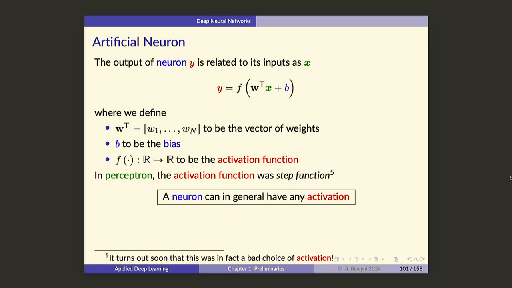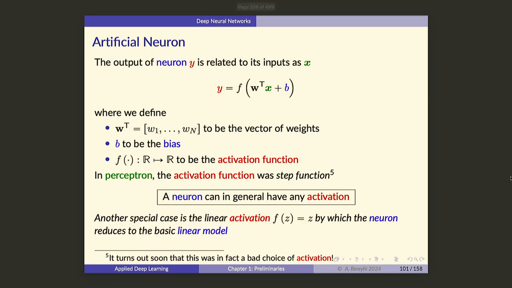Cool. Now, one other special case we had before is when I set this function f to be the linear function, right? So if I set f to be exactly itself, so the activation function is now a line, then what would this neuron be?